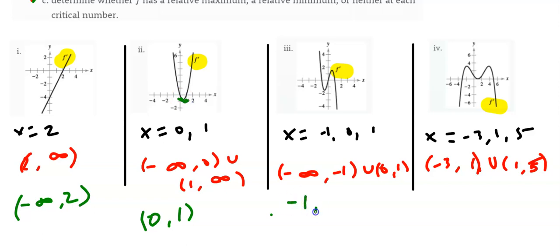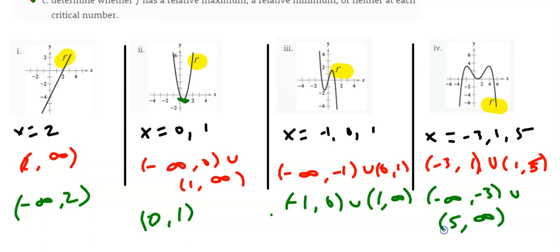For this next one, it's going to be negative 1 to 0 and 1 to infinity. And for this fourth one, it's going to be from negative 3 to negative 3, union 5 to infinity. Okay.